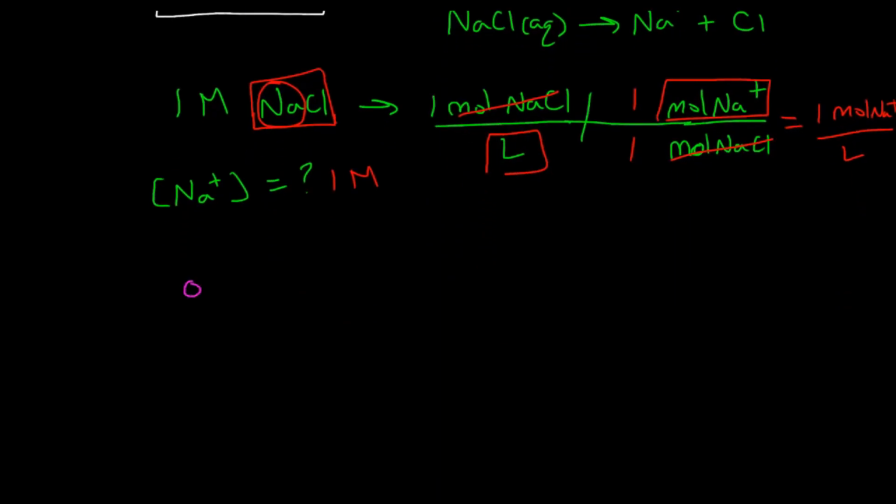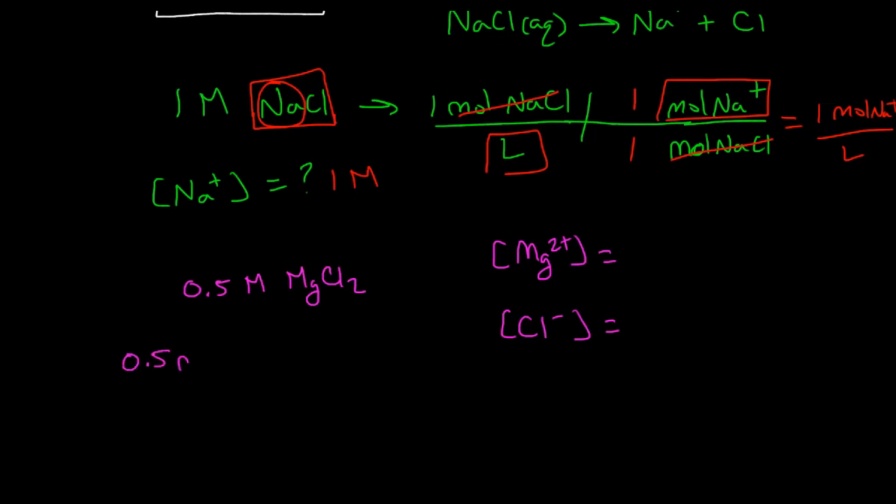If we have 0.5 molar magnesium chloride, let's figure out two things. Let's figure out the concentration of magnesium in solution, and let's also figure out the concentration of chloride. We'll do magnesium first.